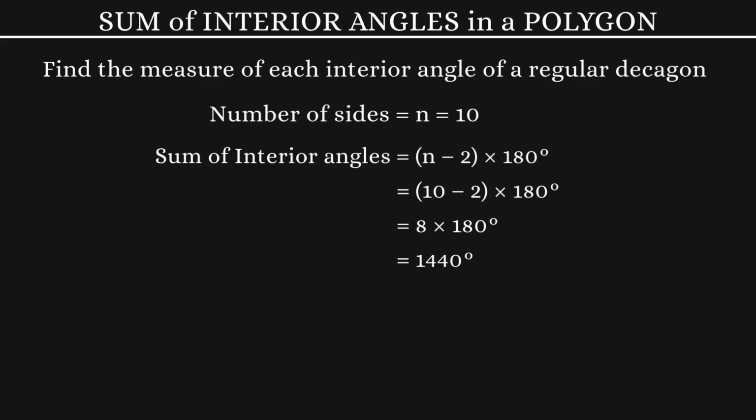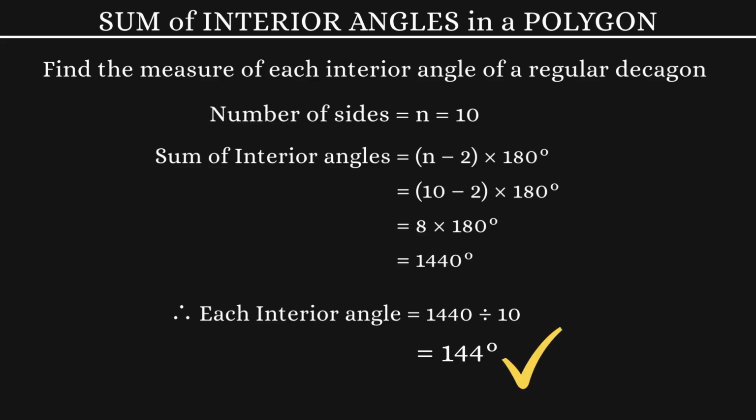We want the measure of each interior angle. So we can divide this sum by 10. So 1440 divided by 10 will give us 144 degrees.